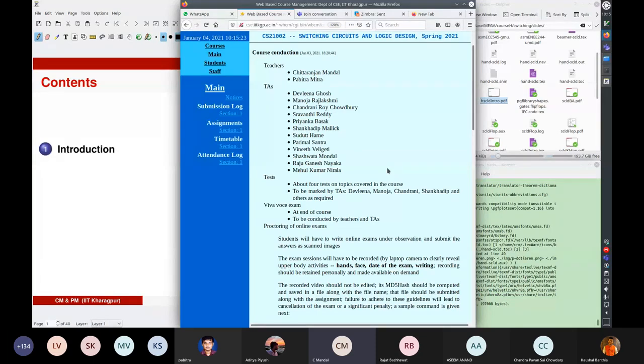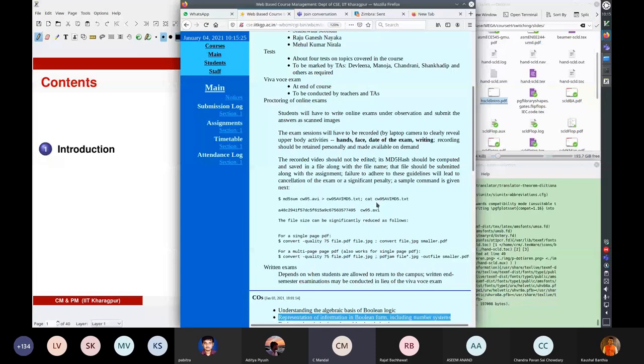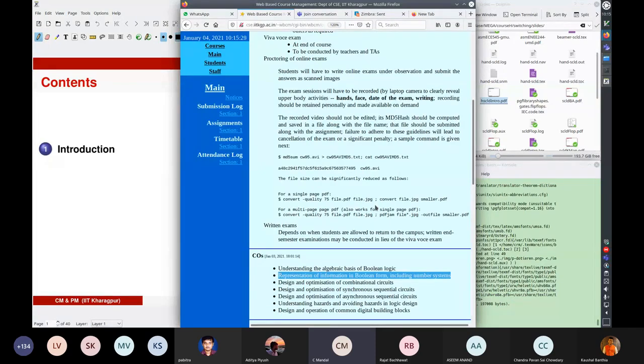Now, in the present situation, you'll have to take the exams at your place of residence. So we have formulated some guidelines for proctoring.